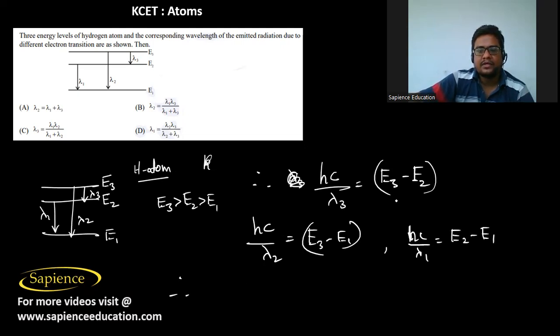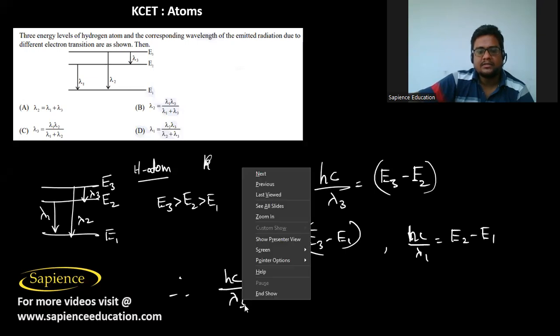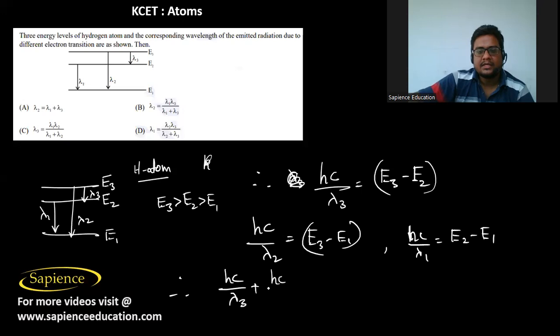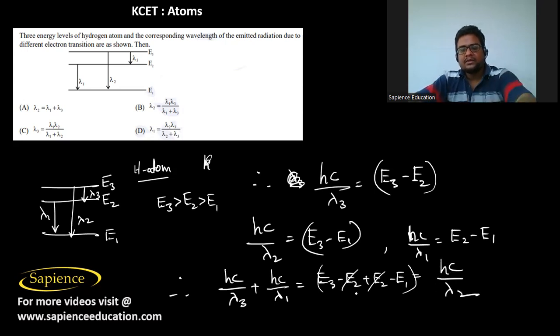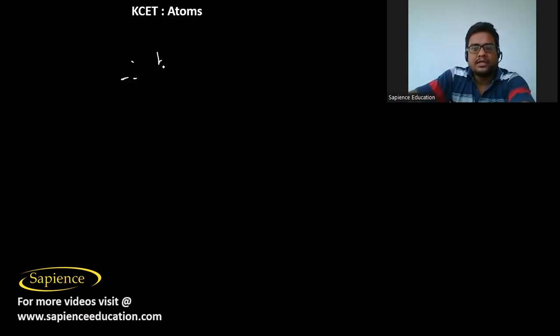So now if we add hc by lambda 3 plus hc by lambda 1, we will get E3 minus E2 plus E2 minus E1. That will give me E3 minus E1, which will be equal to hc by lambda 2. So we got hc by lambda 2 equals hc by lambda 1 plus hc by lambda 3.